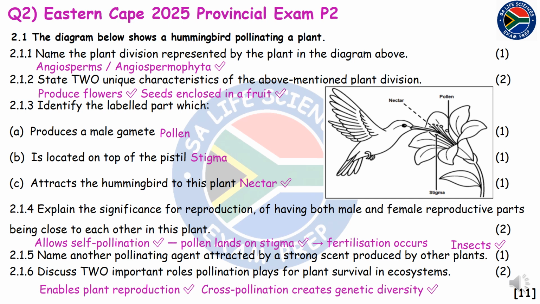Cross-pollination creates genetic diversity. Remember, if you have sperm from plant A being transferred to the ovary of plant B, those two plants may be of the same species, but they have a different genetic makeup. Because the different genetic makeups are being combined, this allows for genetic diversity.